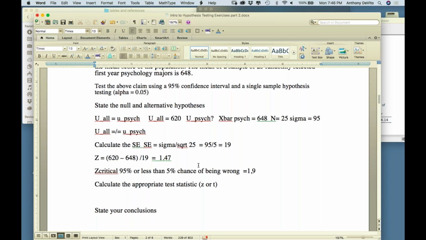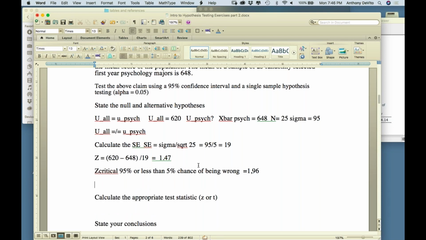1.96. What would it be if my alpha instead of being, right, that's true, this is true, that's my critical value, for alpha equals what value? 0.05. What if I told you that alpha is equal to 0.1?